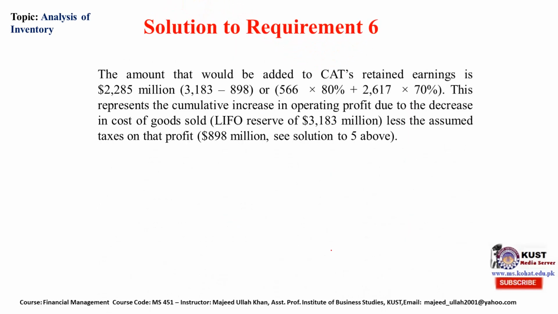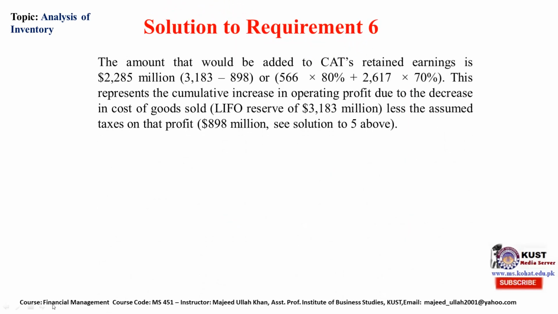Requirement number 6. The amount that would be added to retained earnings is how much? Since this is the total income increase in 2008, but the total saving is this much. Total taxation is calculated according to this formula. This represents the cumulative increase in operating profit due to the decrease in cost of goods sold, that is $3,183 million.